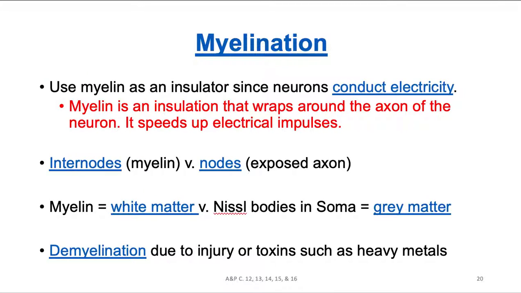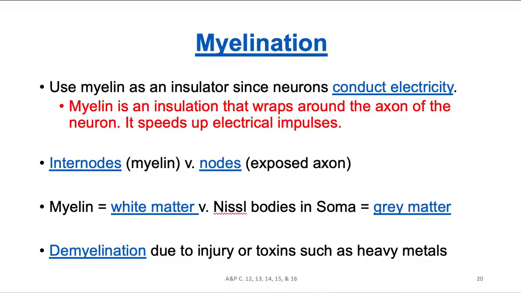And then myelin, we've been talking a little bit about, is really important for our nervous system because it's an insulation that wraps around the axons of our neurons and allows us to speed up our electrical impulses. And how we tell if myelin is present is if we're looking at a scan or a picture of a brain or a spinal cord. If it has white matter, it looks lighter. It contains myelin.